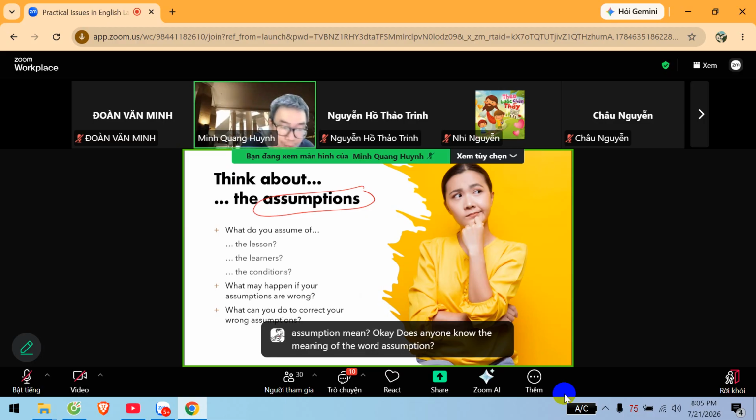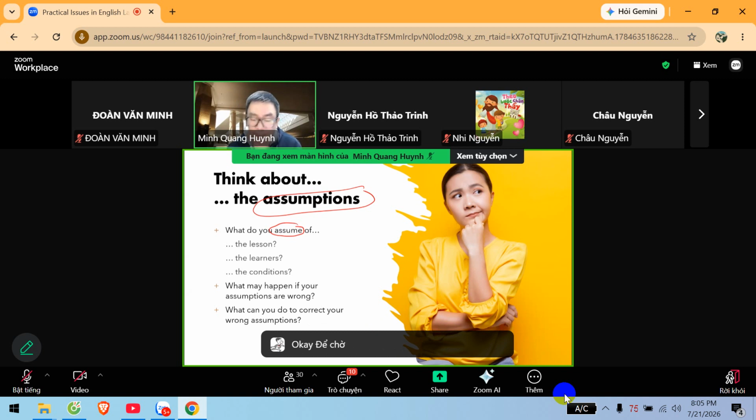It comes from the verb to assume. To assume means to think without evidence. To think without proof, without evidence. To presume. To assume means to think without evidence.